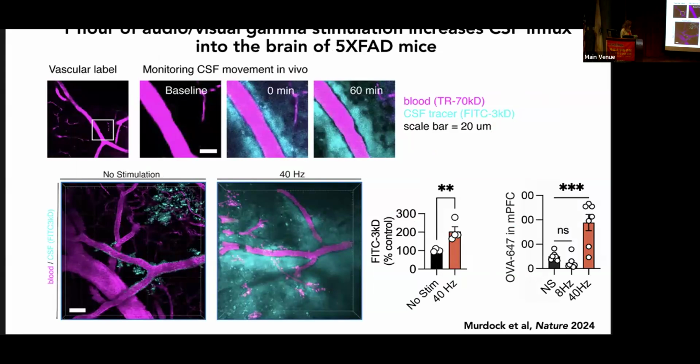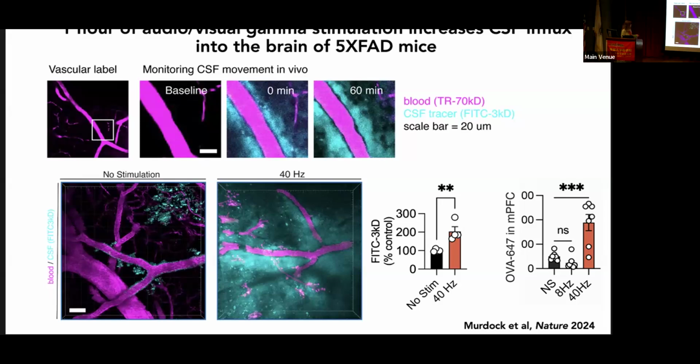So a former graduate student, Mitch Murdock, set up a 2-photon real-time imaging system. Here he labeled the blood vessels in magenta and the CSF tracer in cyan, which he administered through cisterna magna injection. So you can see over time, there is increased presence of CSF in the brain.